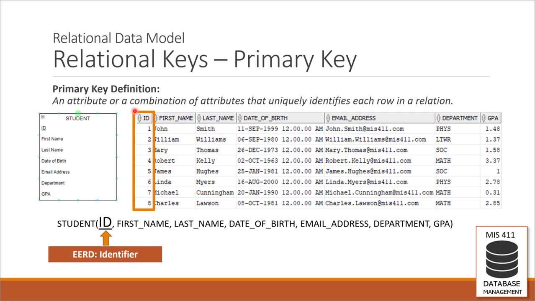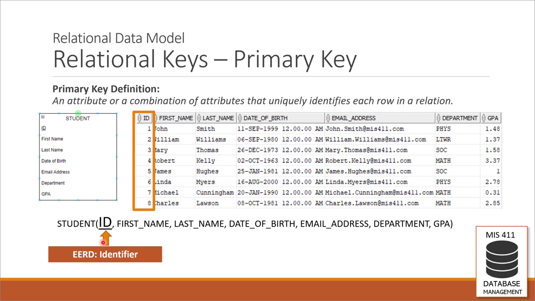And so it's the same thing. Here we have the ID field or attribute in the relational model in the table, and it's a primary key. And again, it uniquely identifies. So what can't we have? I cannot have two 1s. I cannot have two 3s. It has to be unique. Each entity instance has to have a unique ID.